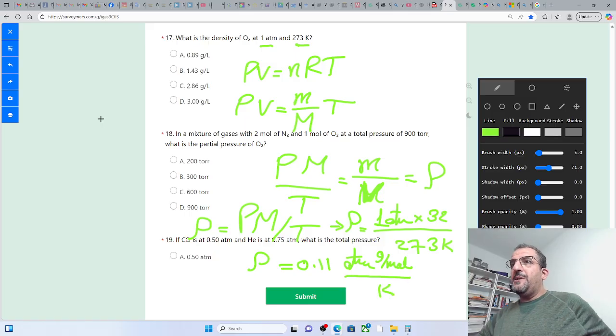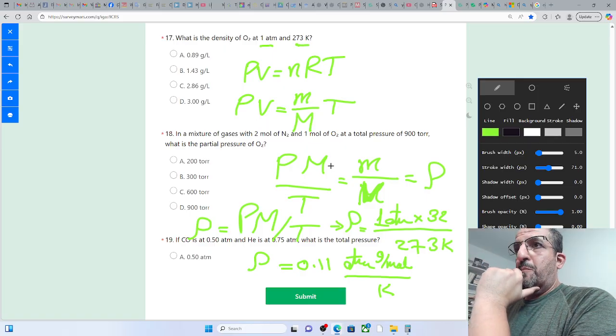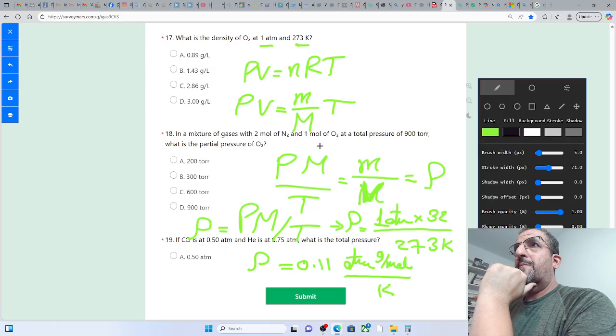These are the units that we have. Okay, so let's double check. Yes, we need to do some conversion here. Did I miss something here?